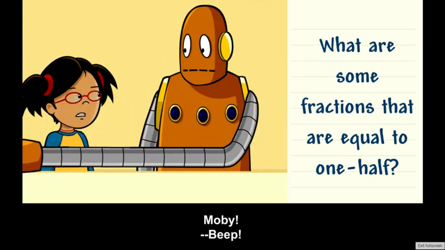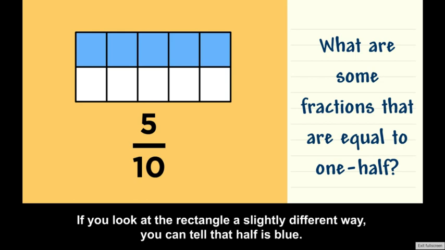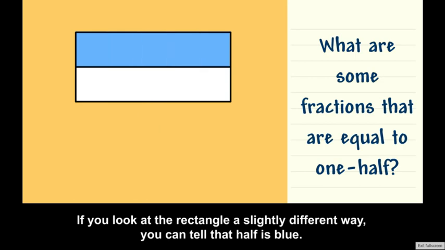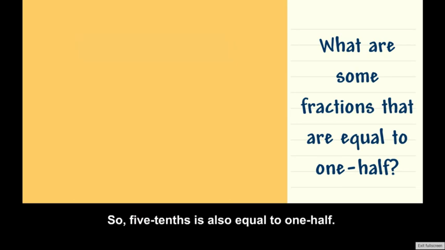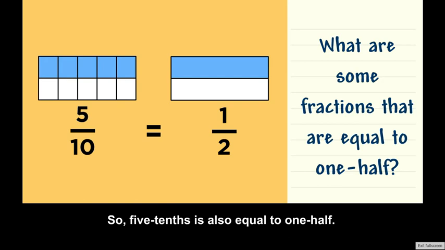Moby. On this rectangle, 5 out of 10 equal parts are blue. If you look at the rectangle a slightly different way, you can tell that half is blue. So 5/10 is also equal to 1/2.